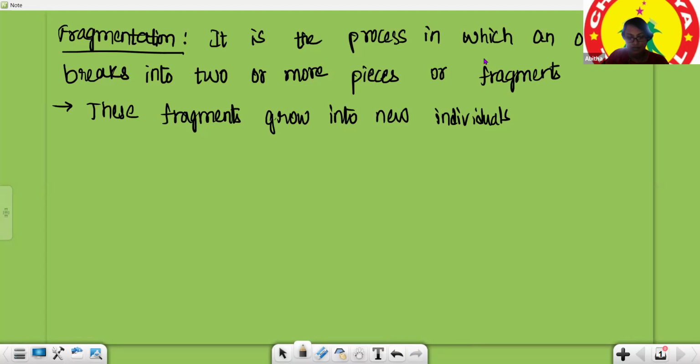This is called fragmentation. As an example, we can study fragmentation in detail in Spirogyra.